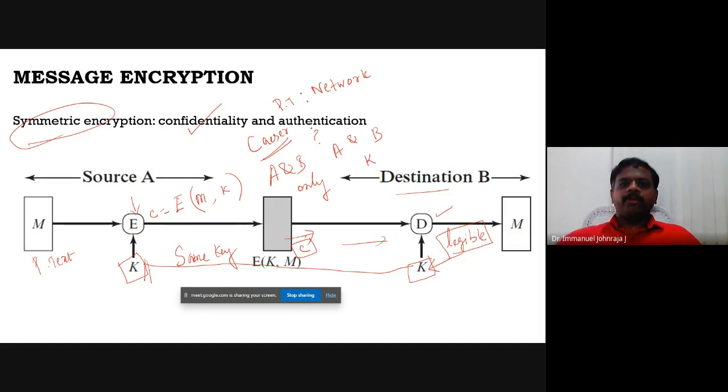So when I use Caesar cipher with the key 1, what will be the ciphertext? This will become OFUXPSL. Forgive me if I have made any mistake. This is the output we are getting by applying the Caesar cipher with the key 1 to the plain text called network.